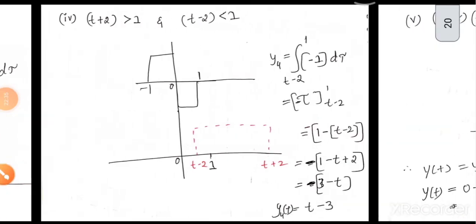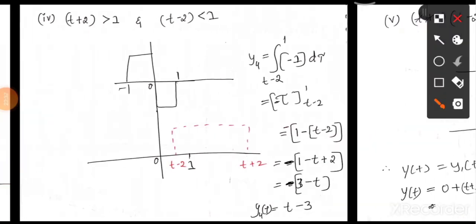Okay, and the next case we'll take is when t plus 2 is greater than 1 and t minus 2 is less than 1. Observe here, t plus 2 is greater than 1, which is from here.